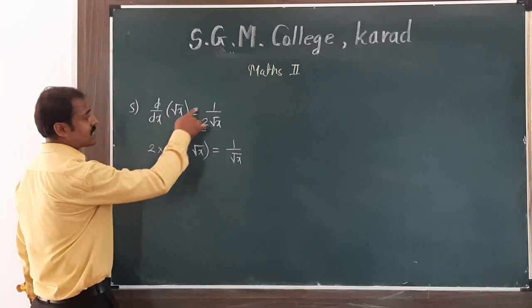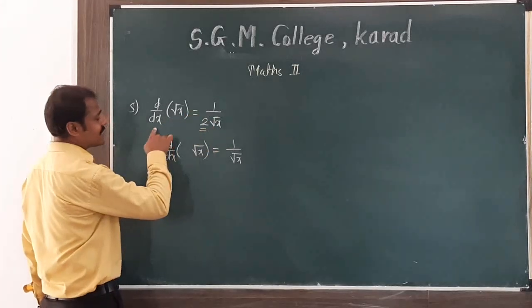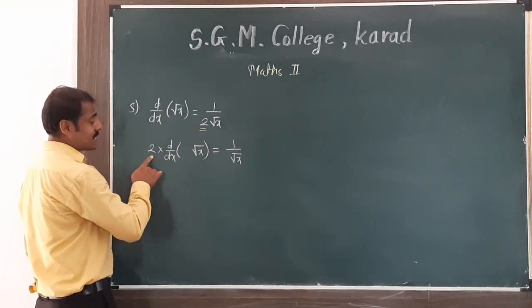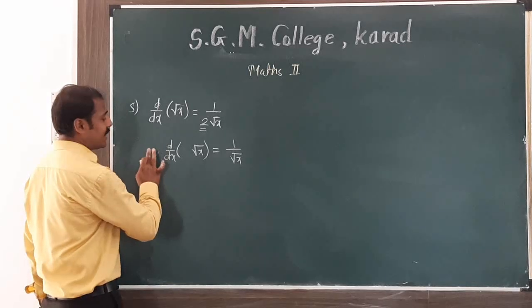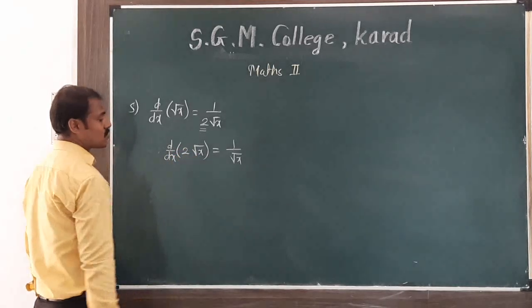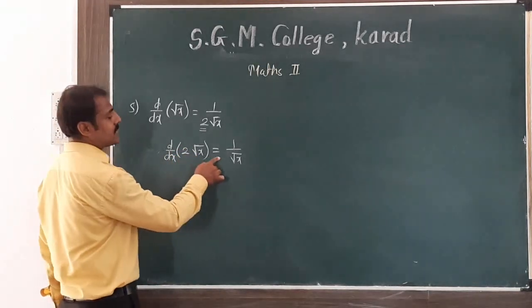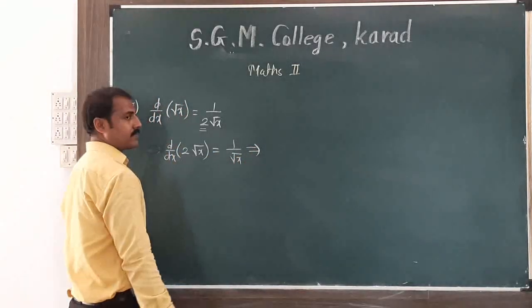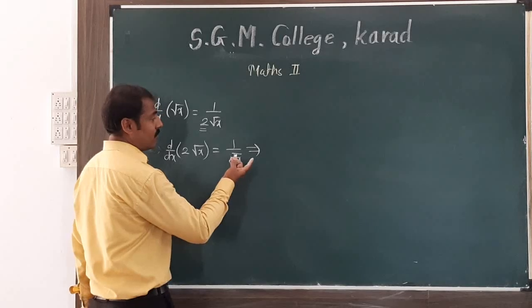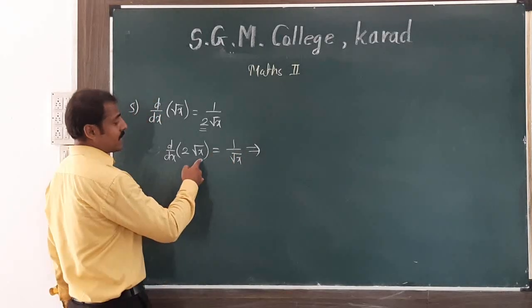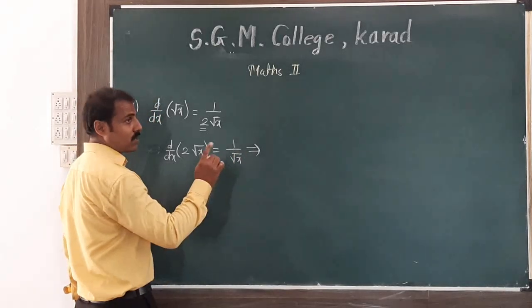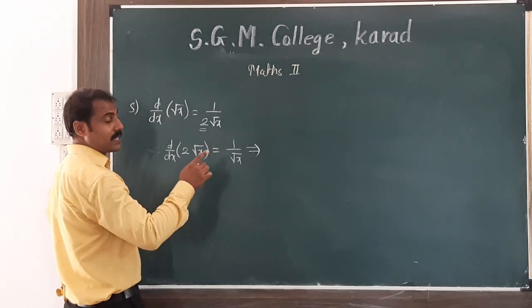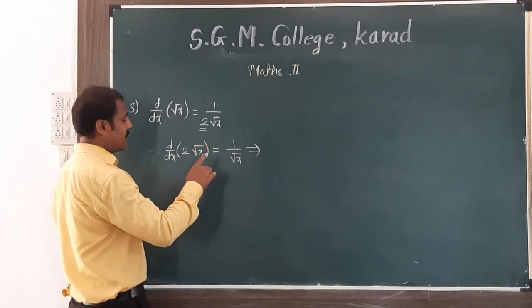Okay, the derivative of root x is 1 upon 2 root x. Take 2 on the LHS. Okay, 2 is outside the derivative. Take it inside the derivative. So d dx of 2 root x is equal to 1 upon root x. It implies that the derivative of 2 root x is equal to 1 upon root x, and we know that integration is the inverse process of derivative.